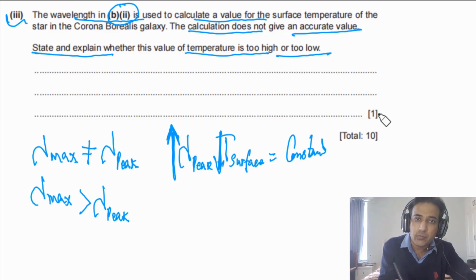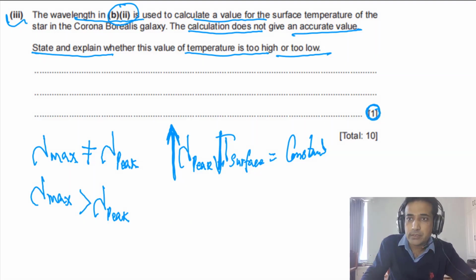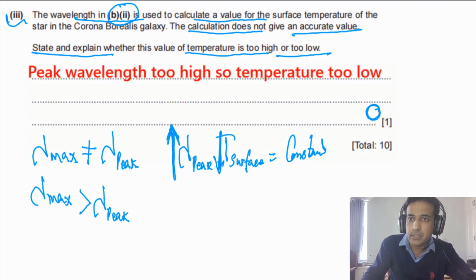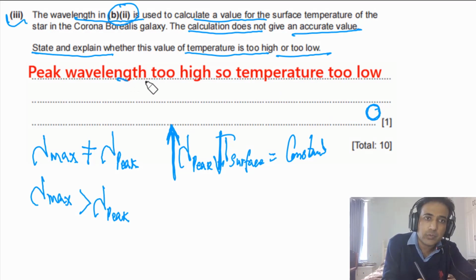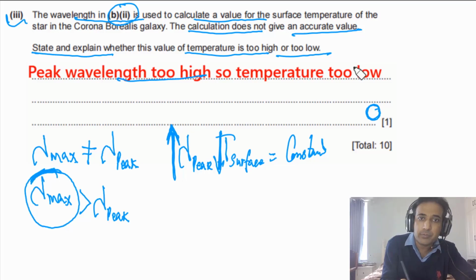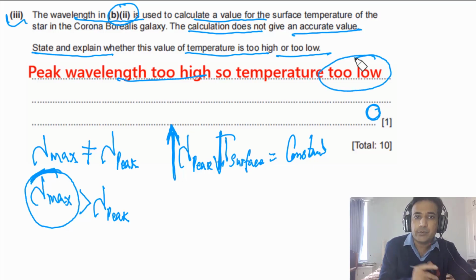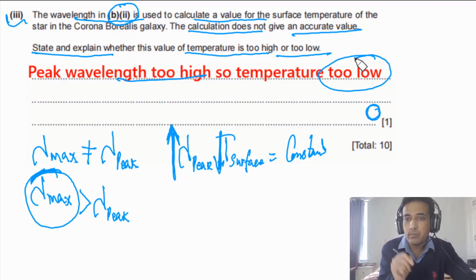This one point you simply need to write down. So how can we write down the answer? We can simply say peak wavelength too high, meaning we are using this value for the peak wavelength, so temperature will be too low. If you say temperature will be low because peak wavelength is too high, you will get 1 mark.